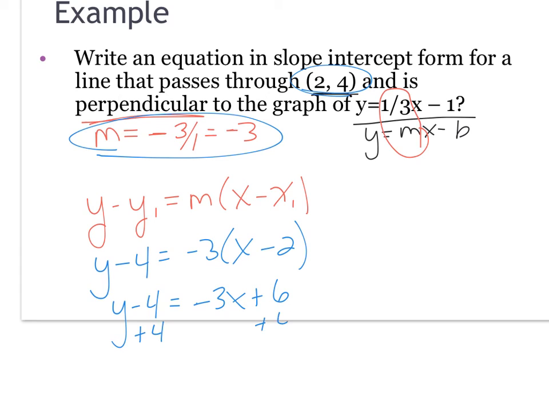Get y by itself by adding 4 to both sides, and my equation is y equals negative 3x plus 10. So now I'm going to check myself. My slope is negative 3. The reciprocal of 3 is 1/3, and the opposite reciprocal of negative 3 is positive 1/3. So this works. So my lines are perpendicular.